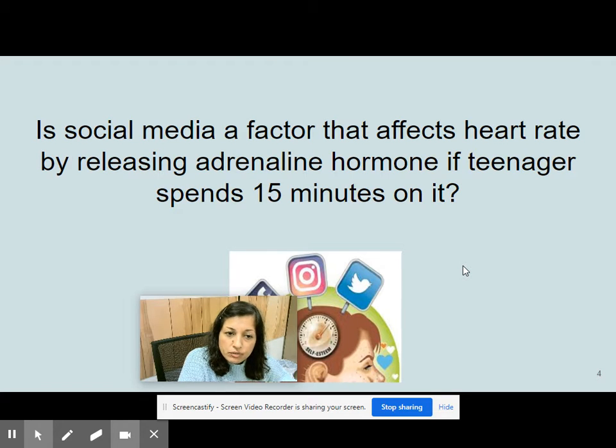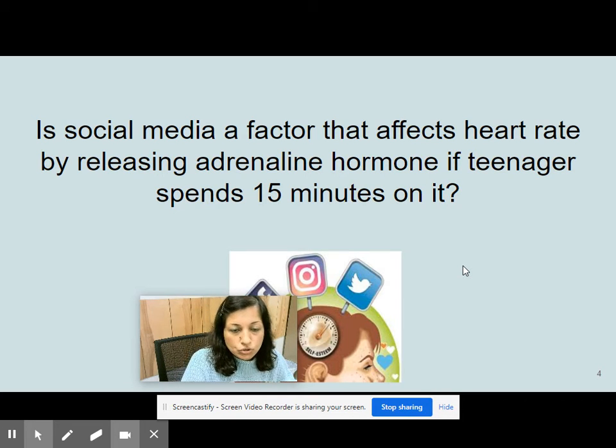Is social media a factor that affects the heart rate by releasing the adrenaline hormone if a teenager spends 15 minutes on it? So we see that adrenaline hormone increases the pulse of our heart rate. So this is one way that we are going to check the pulse of our heart rate when we are exposed to social media. We're going to watch some videos on it.